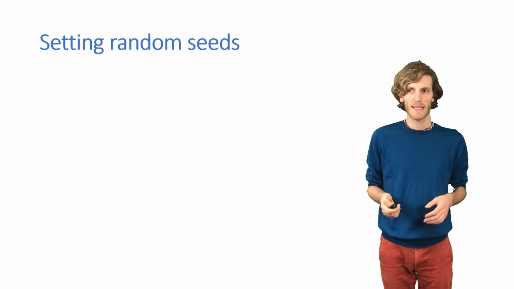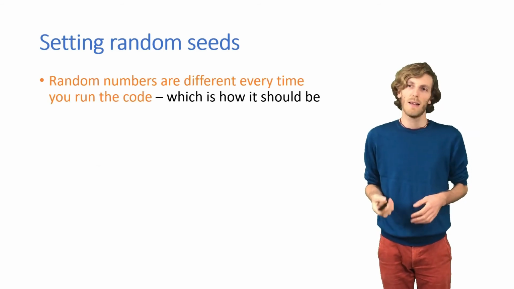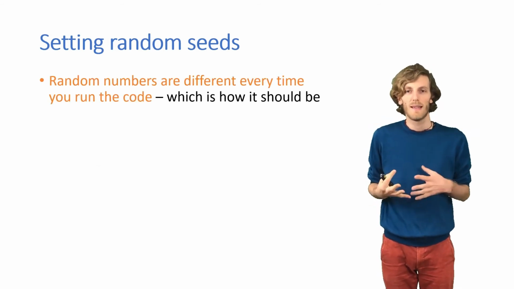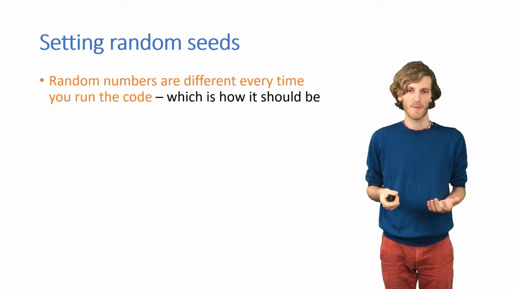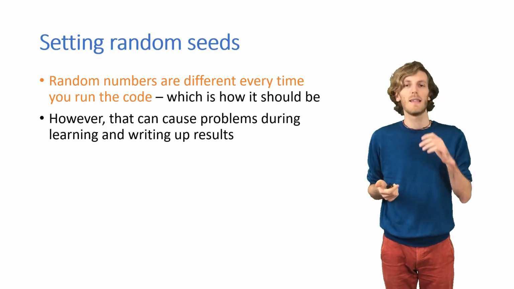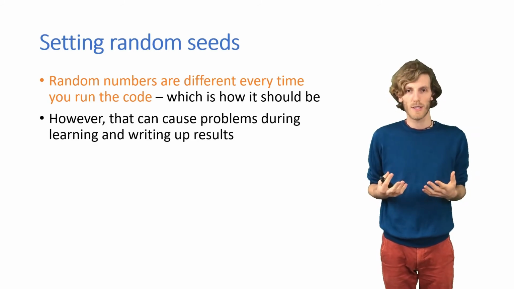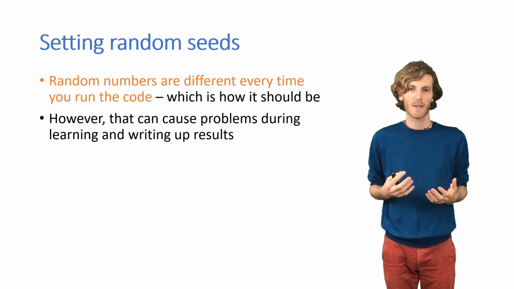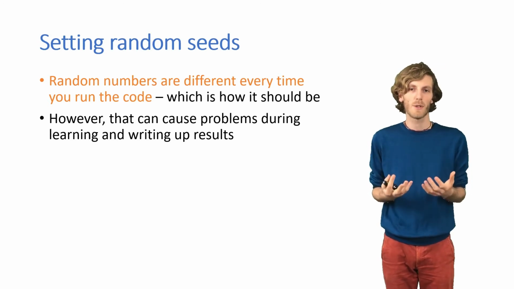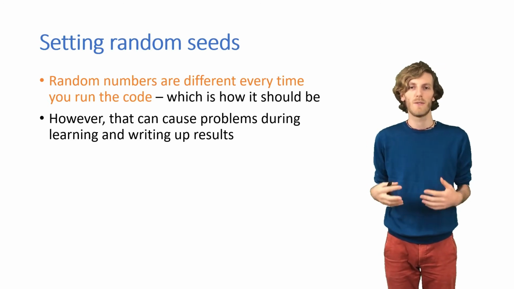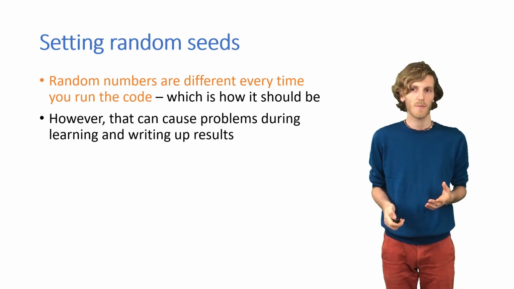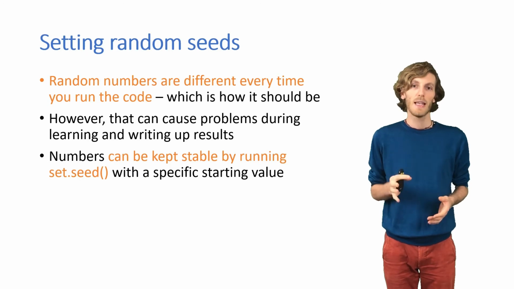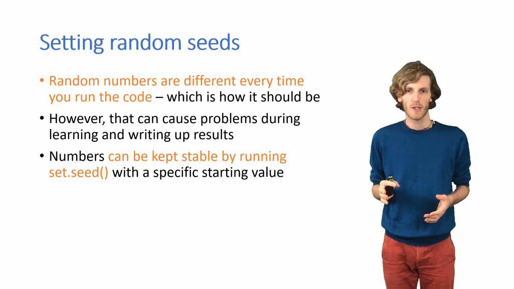We might want to set a random seed. What does that mean? Well, random numbers, by definition, will be different every time we generate them. However, that can be quite difficult when we're trying to learn together and everyone always gets different numbers, or when you're trying to write up your research and every time you rerun the analysis, all the specific numbers change. That's why you can use the set.seed function to define the starting point for the random number generator.